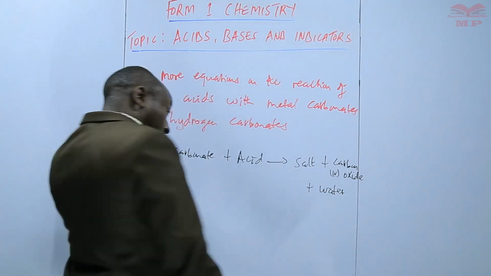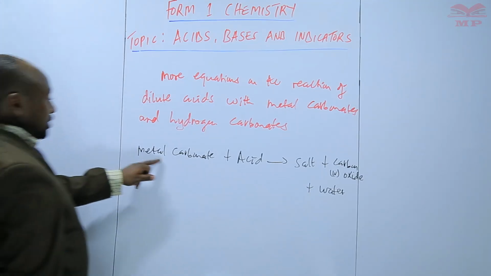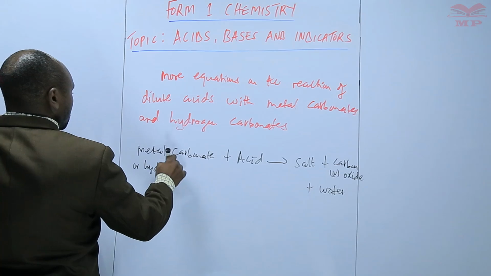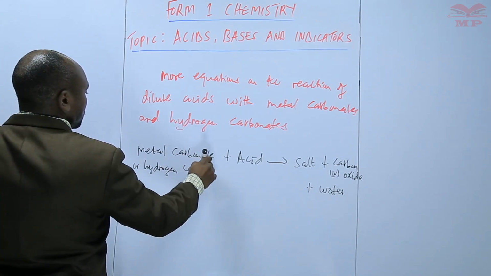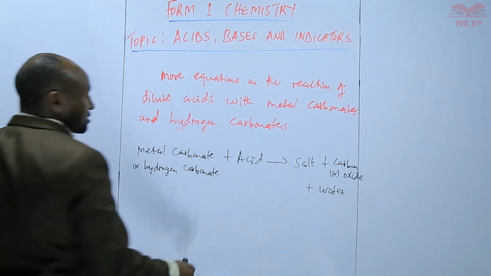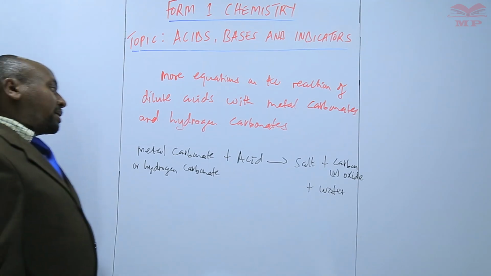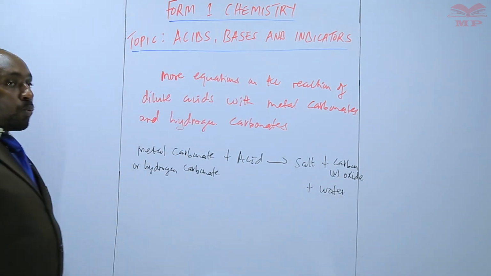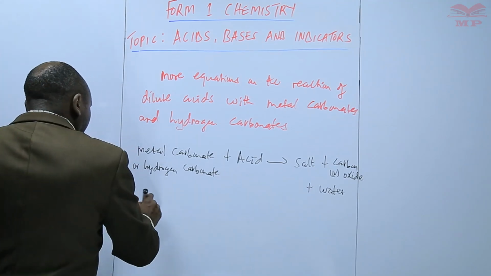So three products there, for a metal carbonate or hydrogen carbonate. In each of the cases, we must get three products: the salt, there must be carbon 4 oxide, there must be water.